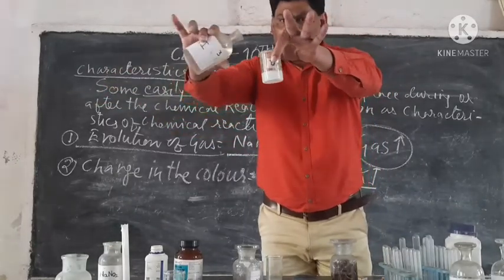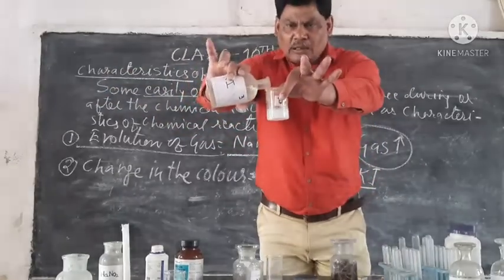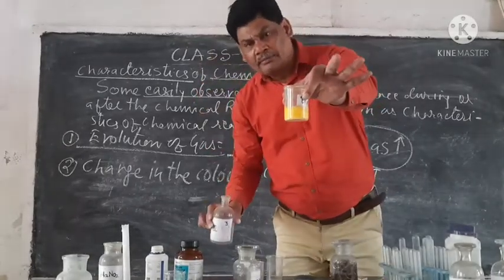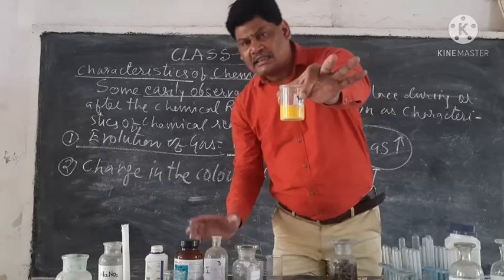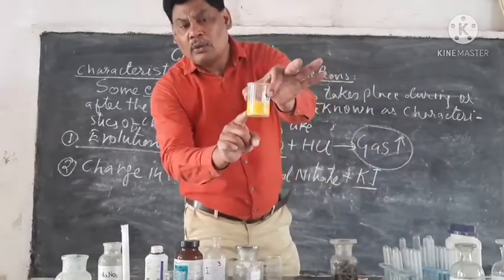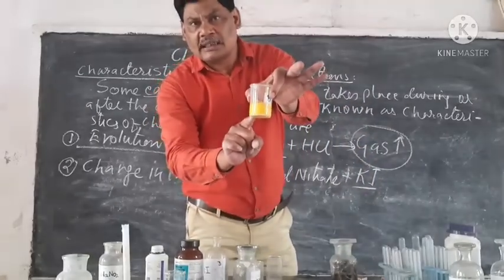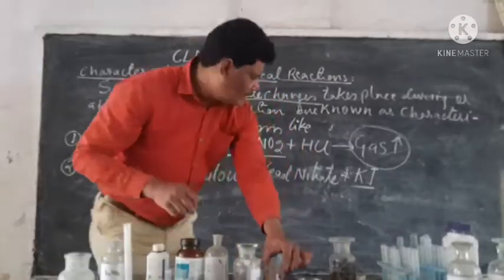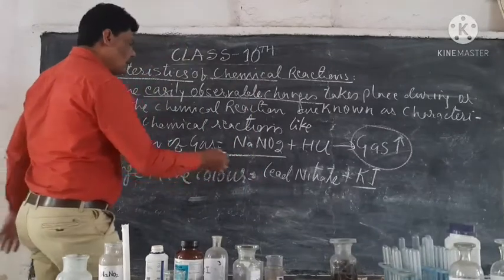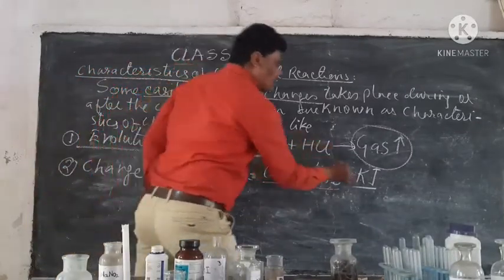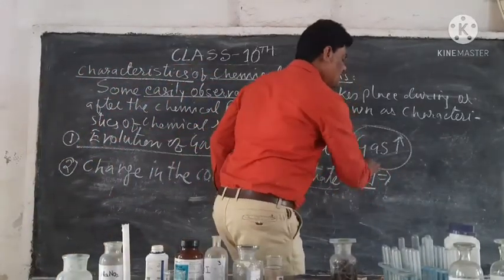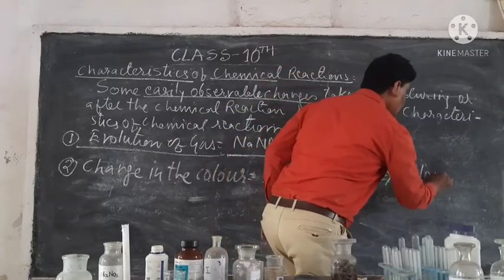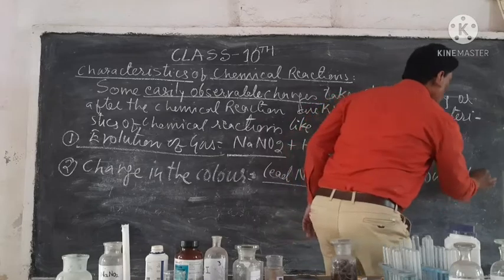But when I add these two substances, now see what happens. The white color substance converted into a yellow color substance. This is called change in the color. When I added lead nitrate with the potassium iodide, the change in color takes place. It becomes yellow.